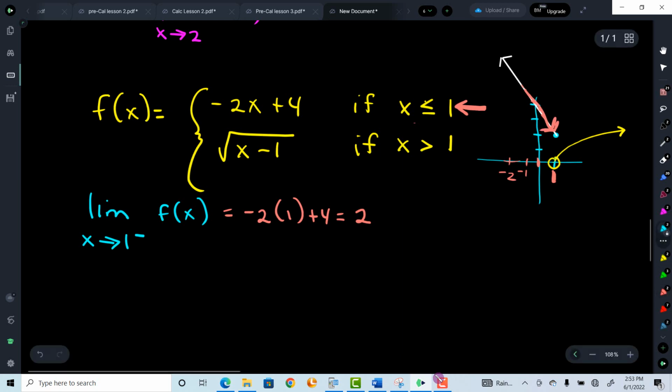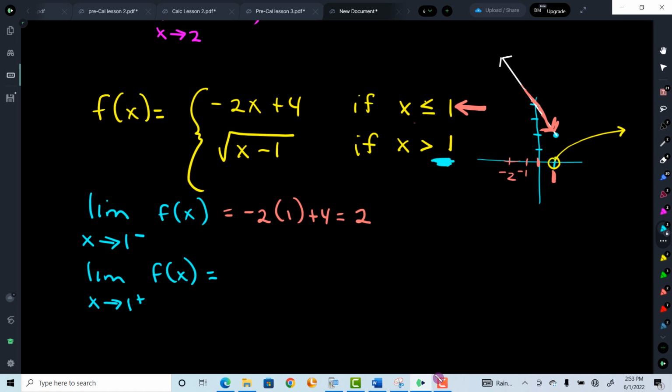Well, let's look at the limit as x approaches 1 from the right. If it's coming from the right, then that means the x's are greater than 1. So that means I need to use this function. So we're going to do a direct substitution, but we're going to use the square root of x minus 1.